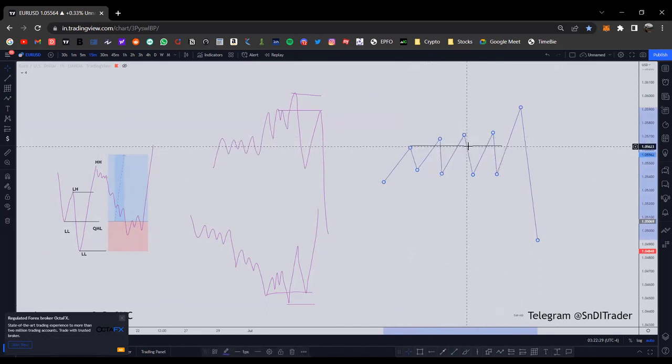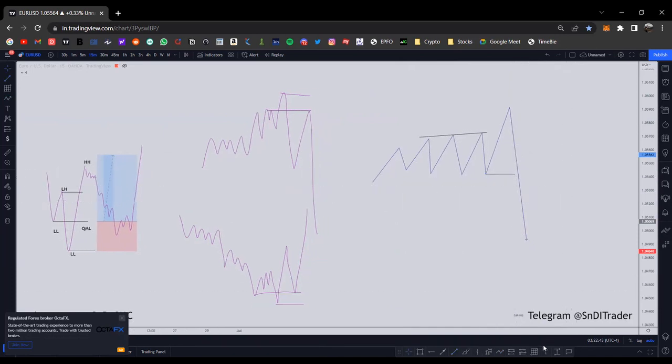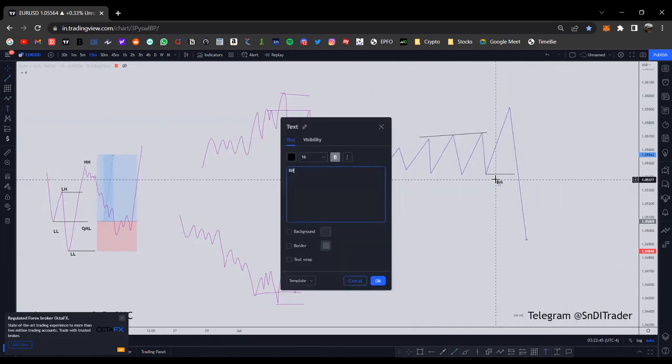We have the formation of higher high, higher low, higher high, higher low, higher high, higher low, and this higher high has taken out all those previous higher highs and given a nice breaking market structure towards the downside.